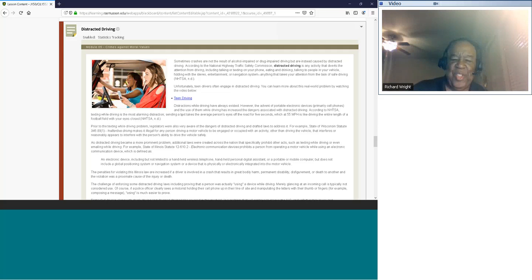So distracted driving in Illinois, for example, it says electronic communication devices prohibit a person from operating a motor vehicle while using electronic communication, and this is what an electronic device is, including but not limited to a handheld wireless phone, a handheld personal digital assistant, or portable or mobile computer, but does not include a global positioning system, a GPS.